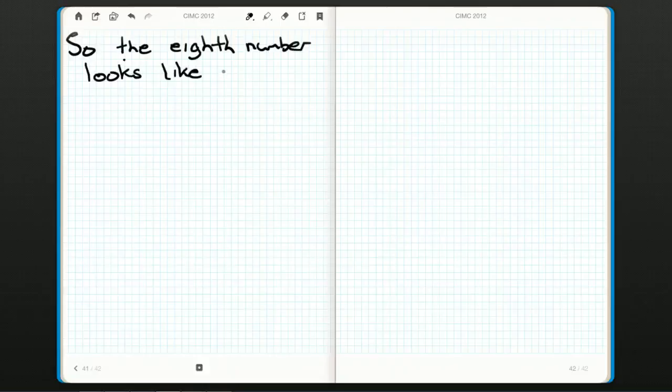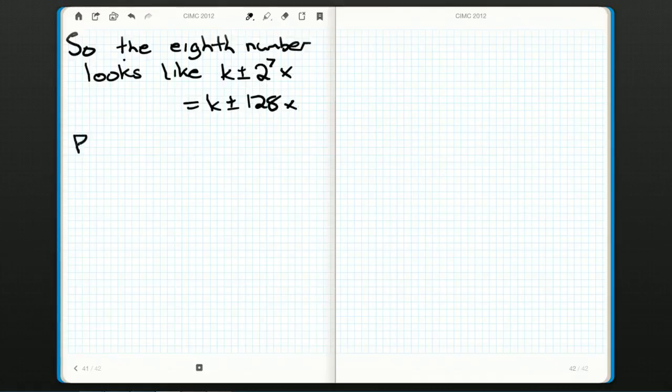So the 8 number looks like k plus or minus 2 to the 7x, which is really just k plus or minus 128x. Okay. But we know that this number is going to be equal to x.